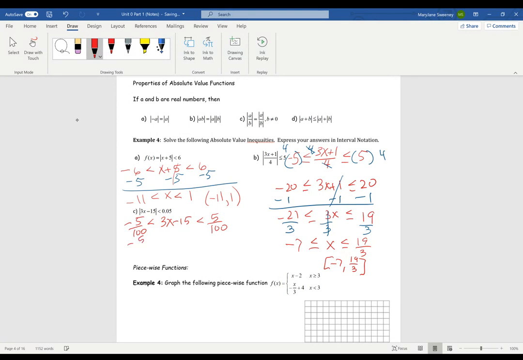I'm going to show you something that we're going to use later in the year, which is we are going to look at taking out the 3 here.